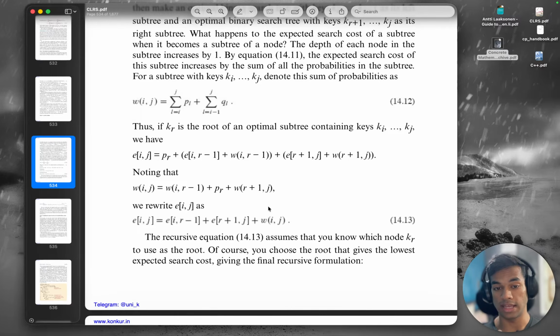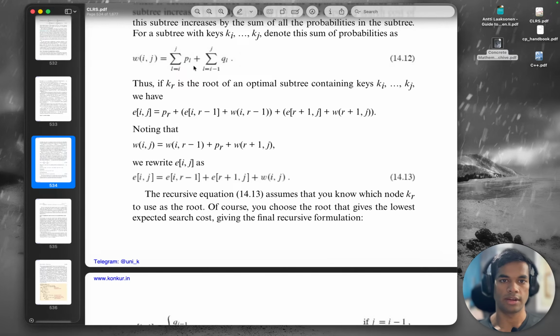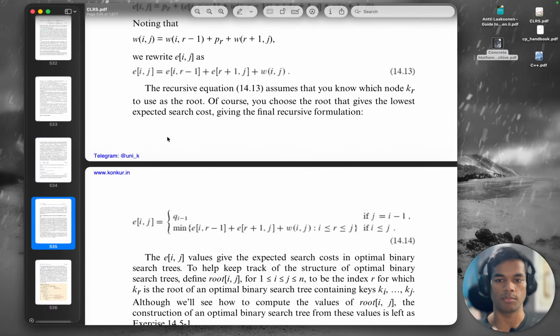And not just that, there will be dummy nodes in between from i minus 1 till j. So we add them too; we sum their probabilities.